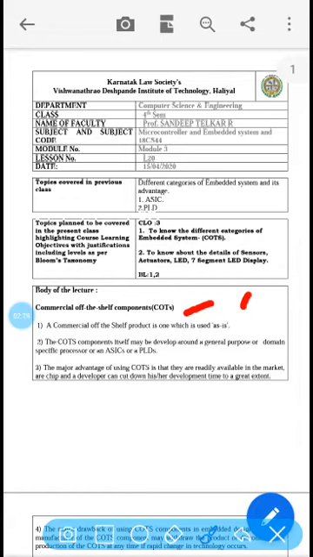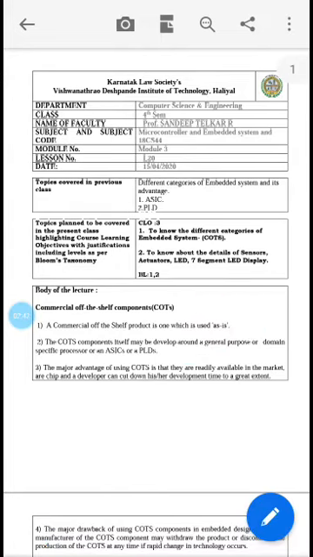First of all, a commercial off-the-shelf product is one which might be used as is. Next, the component itself may be developed around a general purpose or domain-specific processor, or for an ASIC or PLDs. Next we will see the advantages of using COTS. One major advantage is that they are readily available in the market, so the developer can cut down his or her development time to a great extent.